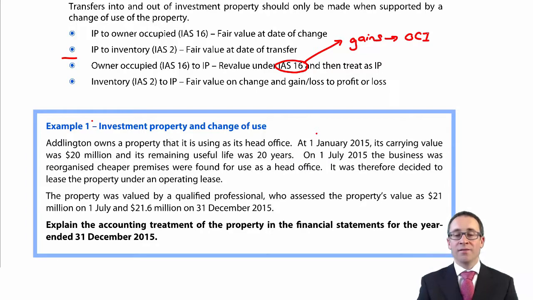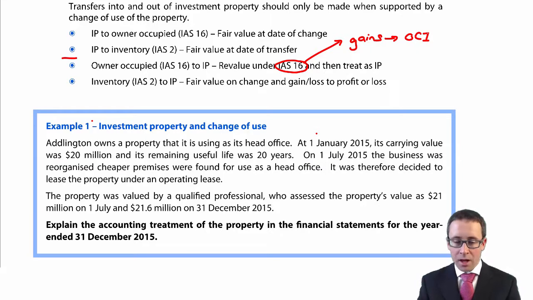And then treat it as investment property. If it's inventory to investment property, again, fair value on the date of change, and here the gains and losses go to profit or loss. Don't value it under the lower of cost and NRV. We look at what that inventory is actually worth before we transfer it into investment property.